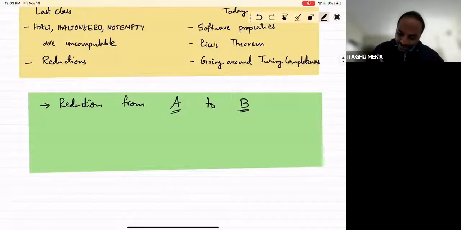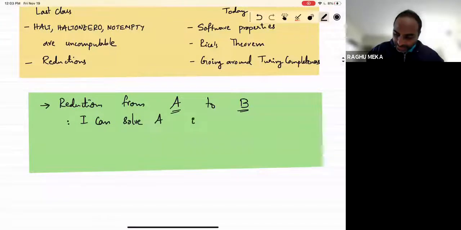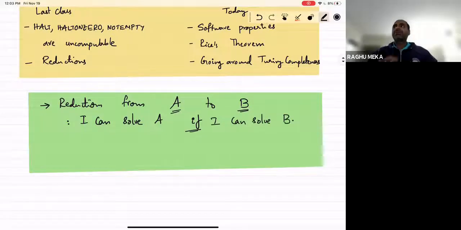This means that you can think of it as: I can solve A if I can solve B. Right? If someone gives me a black box for solving B, then I can use it to solve A.